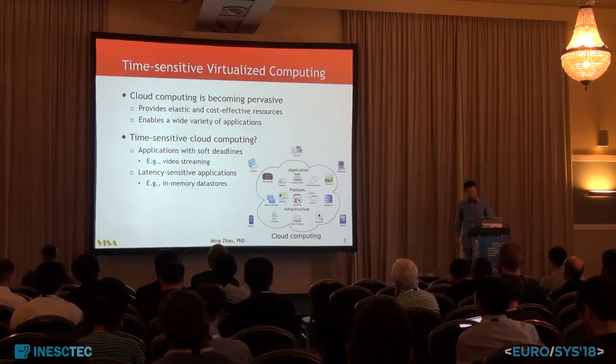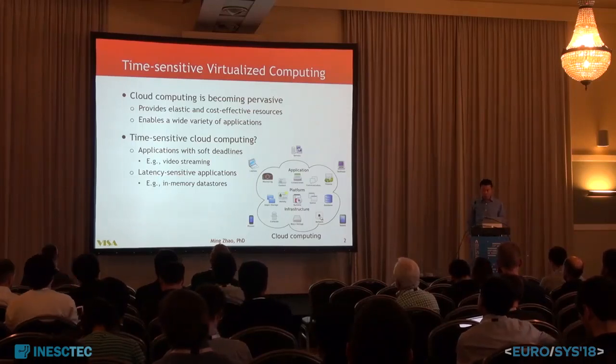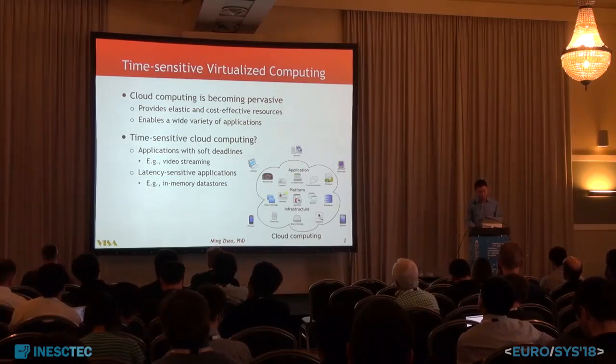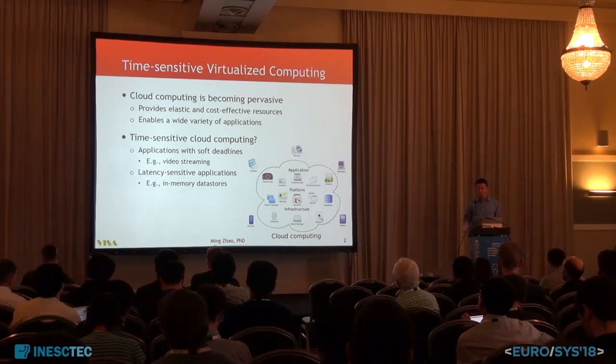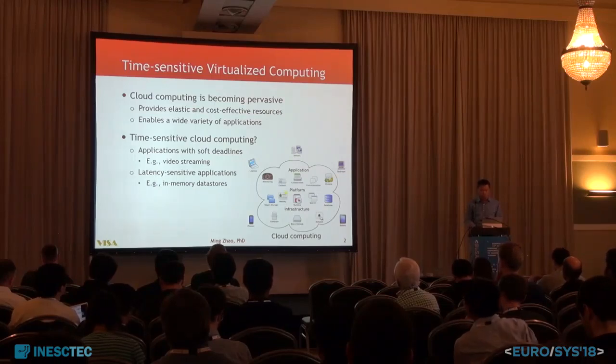When I say time-sensitive, we are mainly considering two types of applications. One type is applications with soft deadlines, and the other type is applications that don't really have deadlines, but they require low latency. They have maybe a tail latency target.